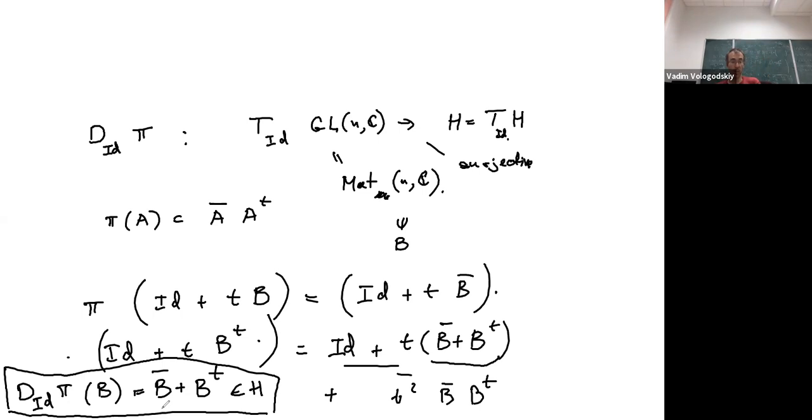I invite you to do the computation not only for the identity matrix, but in general, it's very easy. Or you can again say that this subset of unitary matrices looks the same in the neighborhood of any matrix, because left multiplication by an invertible unitary matrix identifies a neighborhood of this unitary matrix inside the space of all unitary matrices with a neighborhood of the identity matrix.